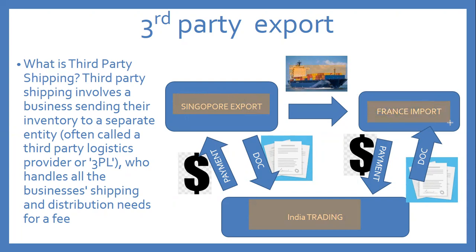Why are we doing this? Because the goods are sourced from Singapore. The goods are available in Singapore, not in India, and France is asking about some goods which we don't have. So what will we do? We trade these goods from Singapore.